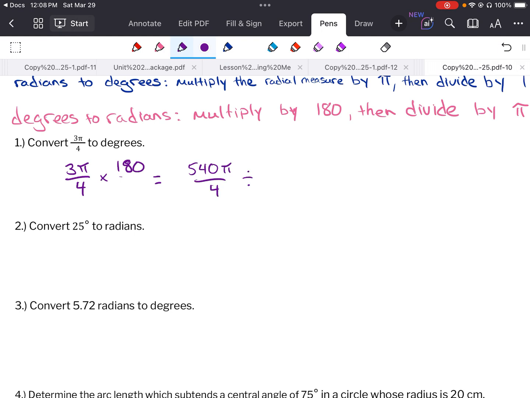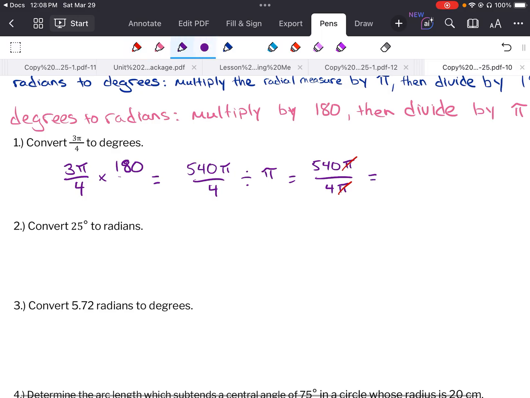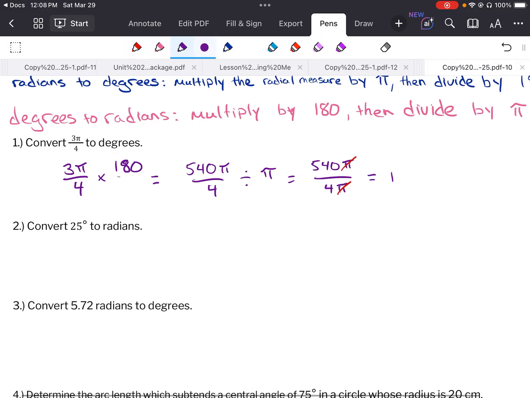Then we're going to divide by pi, which gives us 540 pi over 4 pi. And these pi's can cancel out. And 540 divided by 4 is 135 degrees.